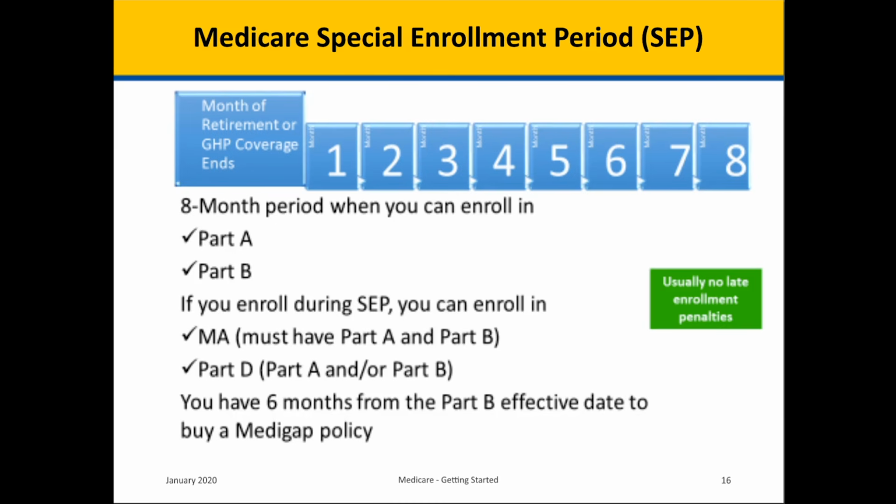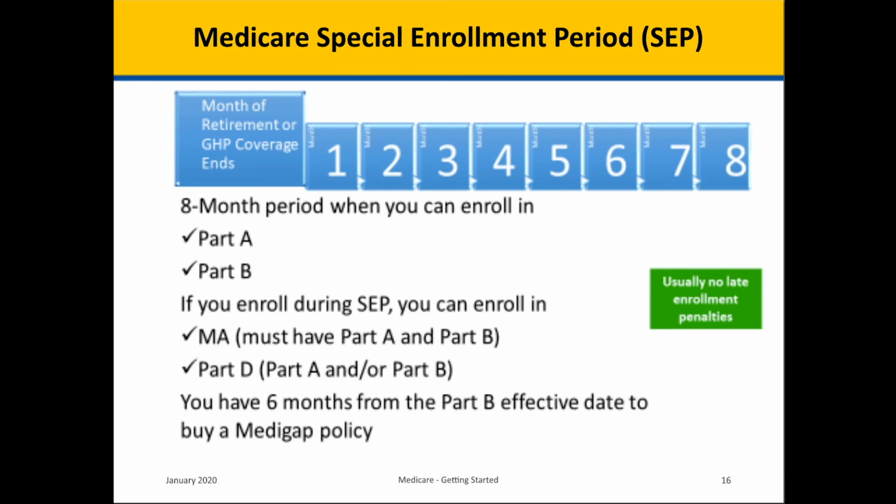The SEP applies if you or your spouse are still working and you didn't sign up for Part B during your IEP. You may be able to enroll under the SEP. Importantly, if you're age 65 or older, the group health plan coverage through either yourself or your spouse has to be based on current employment.